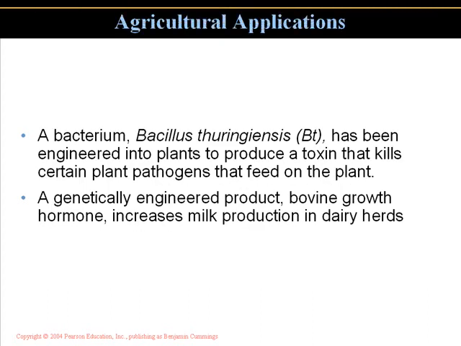Again, agri-application, the bacterium Bacillus thuringiensis is basically engineered into plants to produce a toxin that kills certain plant pathogens that feed on the plant. Again, genetically engineered product, bovine growth hormone, increases milk production in dairy cows. But going back to the Bacillus here, looking at this application: previously, we worried about pesticides in the environment.